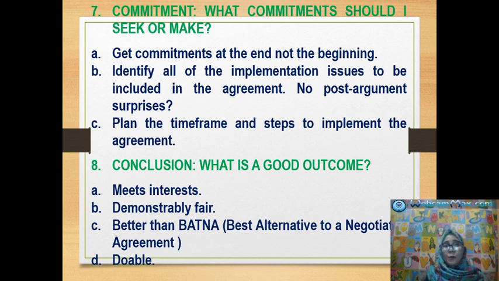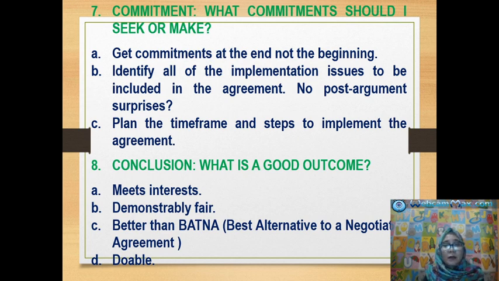No post-agreement surprises. C. Plan the time frame and steps to implement the agreement. That's all the details for each of the 7 elements of effective negotiation.